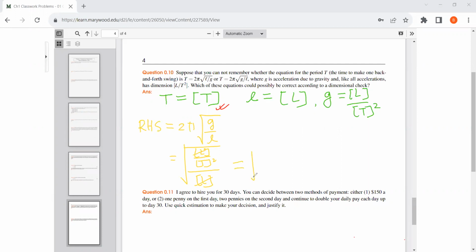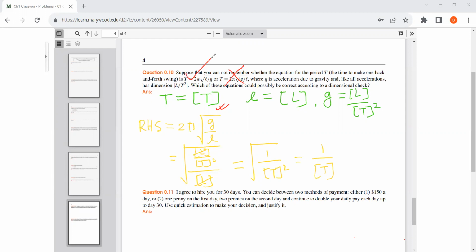Square root and square cancel out, and we see that our dimension is 1 over T, which is different than the left hand side. So this equation is incorrect, and this one is correct.